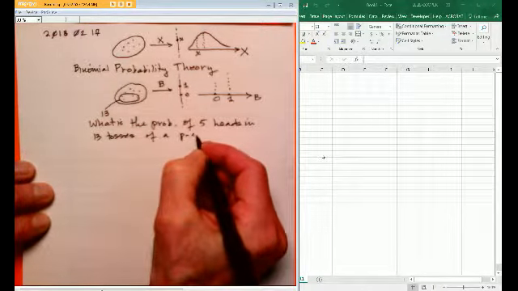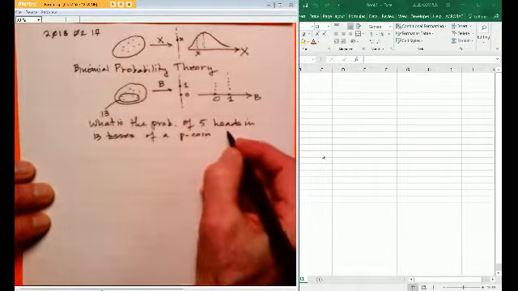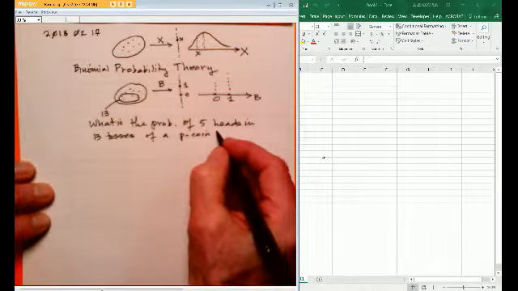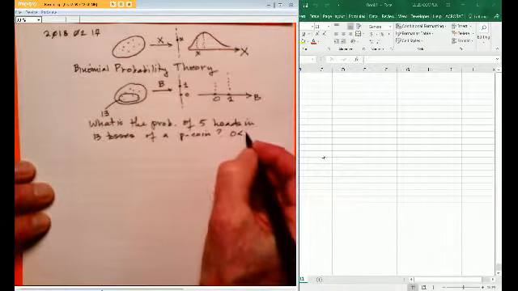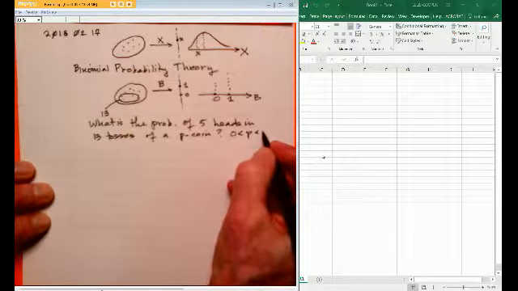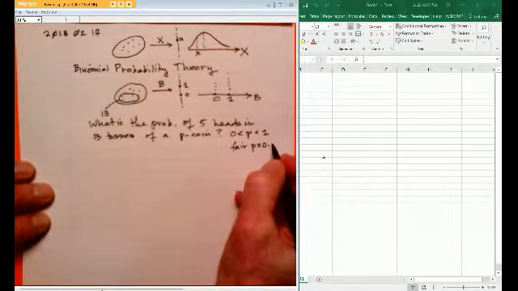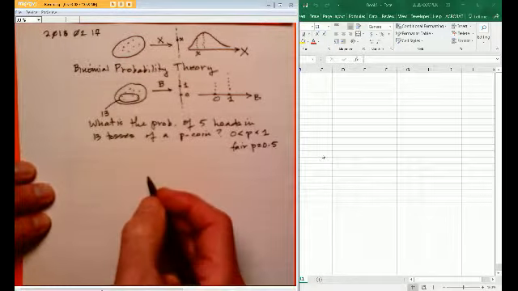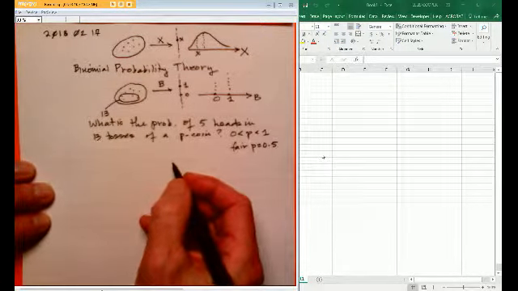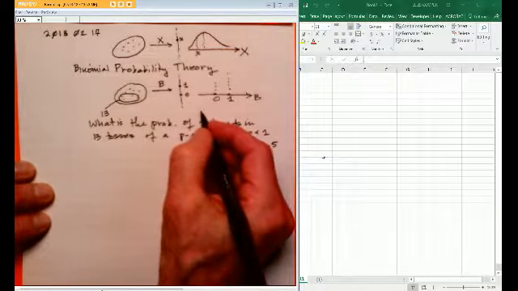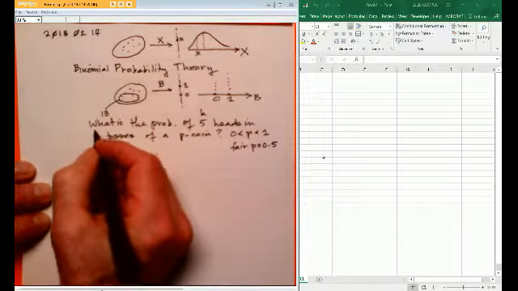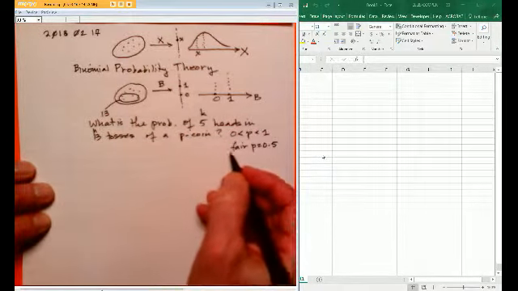A P coin is a coin whose probability of heads is between 0 and 1. So a fair coin would be P equals 0.5. Half the time it's heads, half the time it's tails. And in general, you could ask, what is the probability of K heads in N tosses of a P coin?